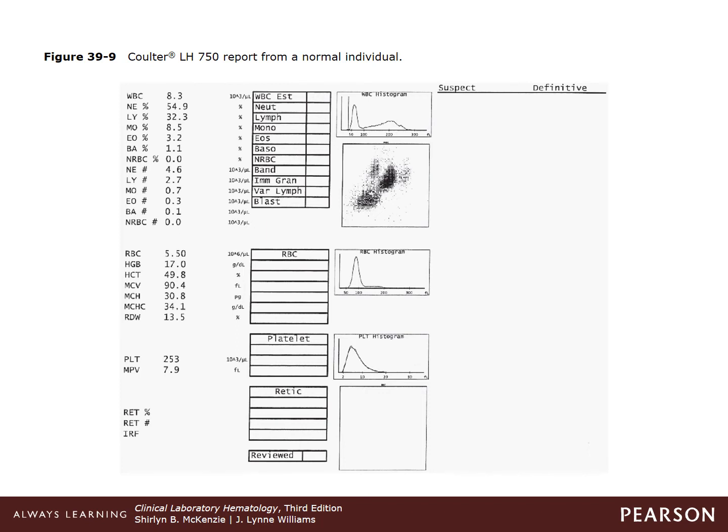A WBC histogram represents the distribution curve of the data that allows for visualization of subpopulations based on their relative sizes. The WBC histogram is the basis of a 3-part differential identifying lymphocytes as cells between 35 and 90 femtoliters, mononuclear cells as cells between 90 and 160 femtoliters, and granulocytes as cells between 160 and 450 femtoliters.